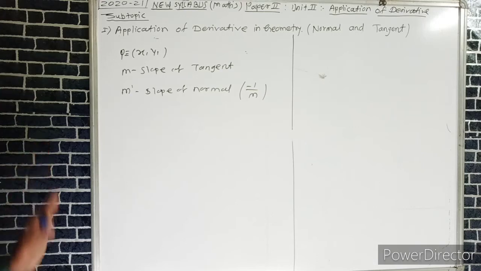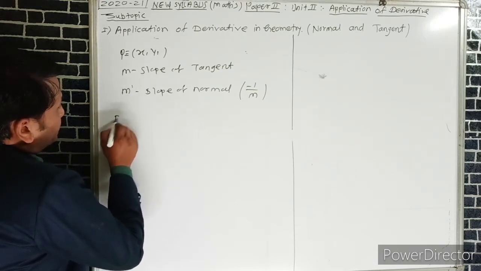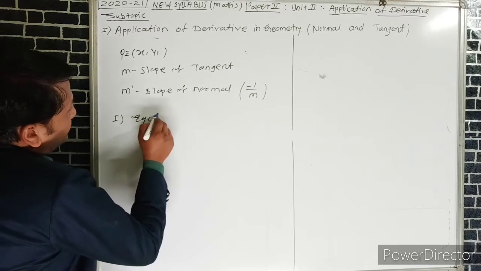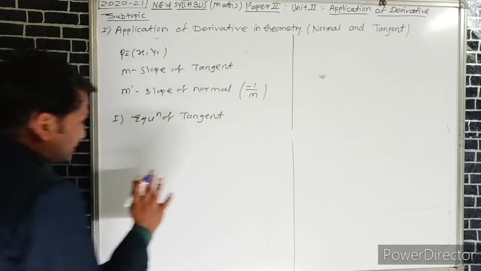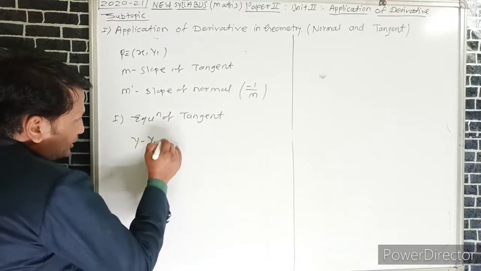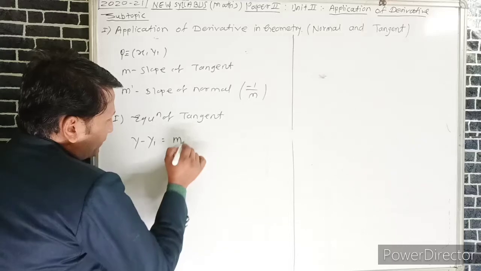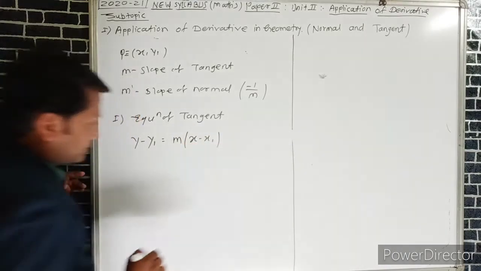From this we can conclude that the equation of tangent is y minus y1 equals m in bracket x minus x1.